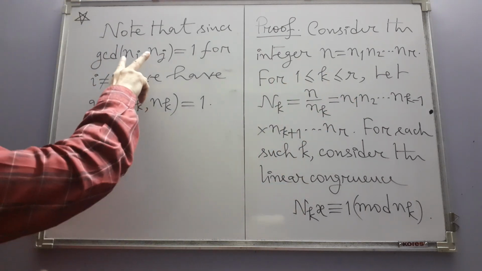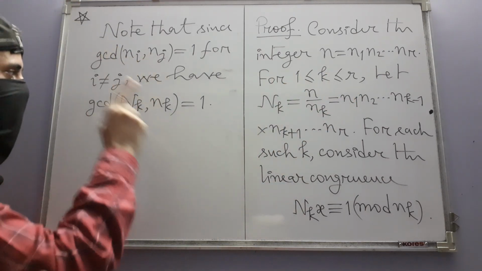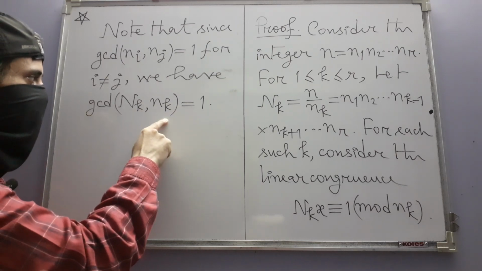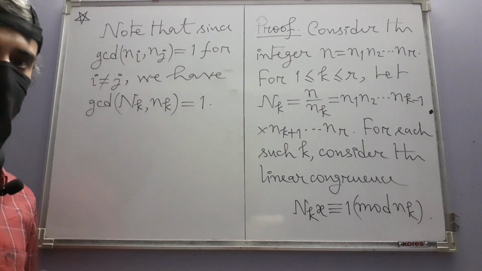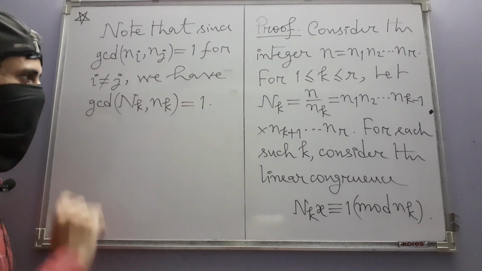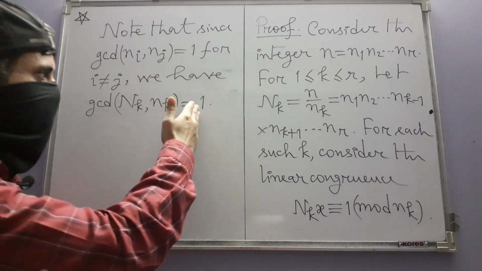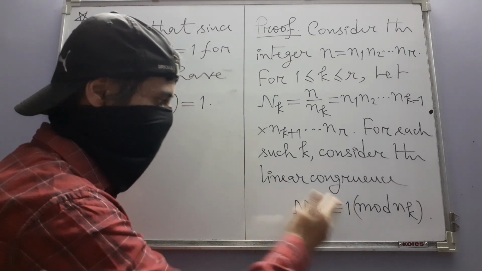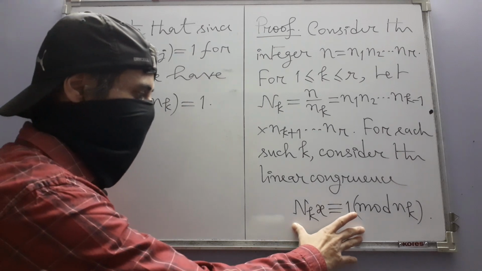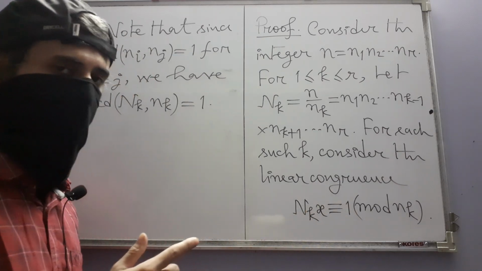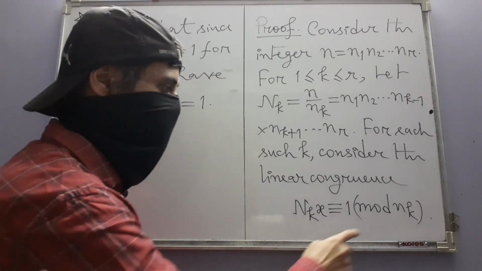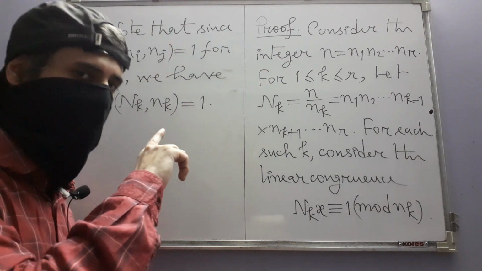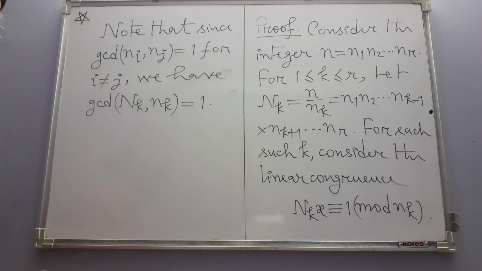That is why there is no common prime factor between these two numbers as well, and that is why their GCD is 1. But 1 of course divides this number 1, and that's why this congruence has a solution and actually also a unique solution modulo Nk from our theory of a single linear congruence.